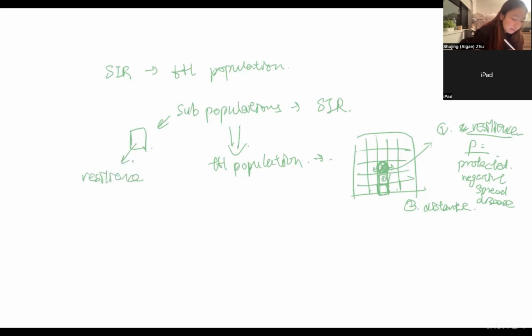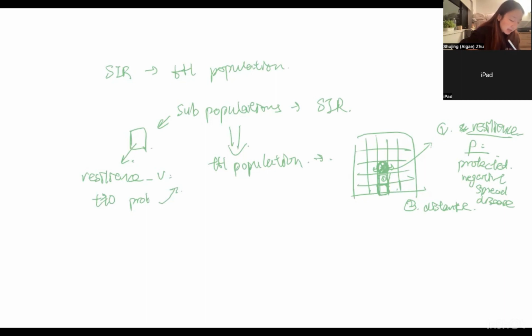Besides these two, I also assume that each subpopulation has a variable called V, which describes our progress in developing a vaccine. How it works is after 10 time steps, we have a certain probability, which increases with time, that the population will develop a vaccine.